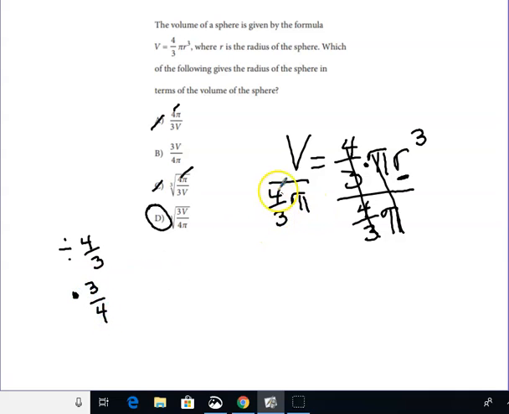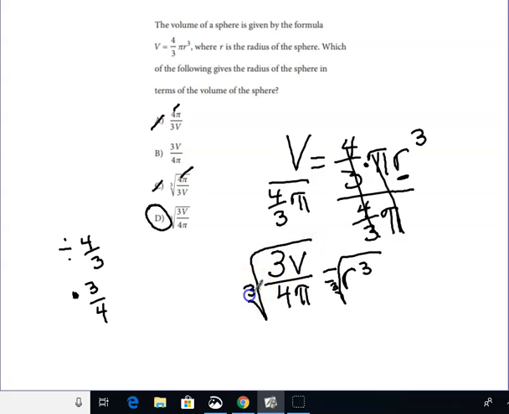So technically this should be flipped over, and you can bring the 3 to the top with the V and keep the 4 in the denominator. And now I need to get rid of the cube. Opposite of a cube is a cube root. So that would cancel it, and I would have this answer. So it's the same as that one.